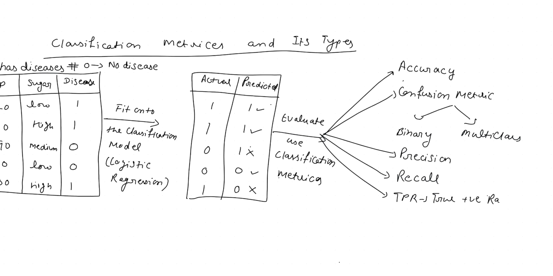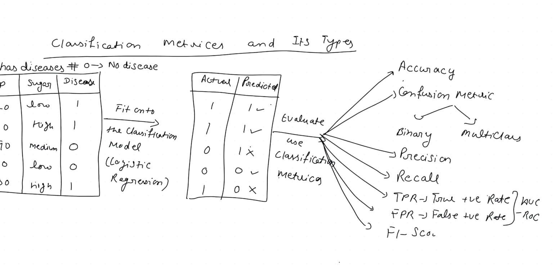And the next one is FPR, that is false positive rate. This is used for ROC actually. And then you have the F1 score. Very popular. So we are going to discuss all these one by one in part 1, part 2, part 3 and so on, so you can understand it at a deeper level in the simplest way.